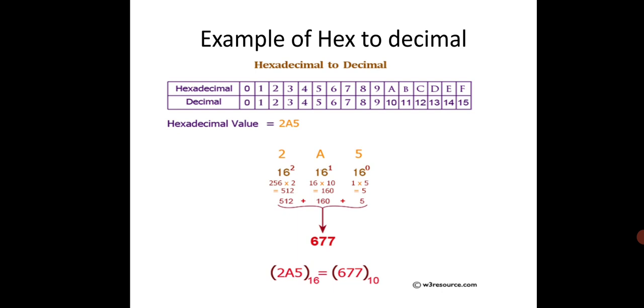As for the decimal number system and binary number system, we have seen the binary weightage and the decimal values for each digit. The same we have to follow for the hexadecimal number system. In 2A5 there is no fractional part, that means the decimal point is not there, so we will follow all the integer values.